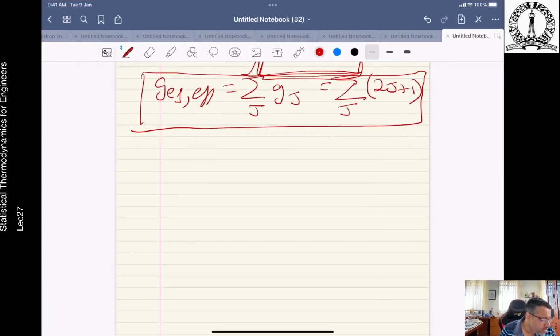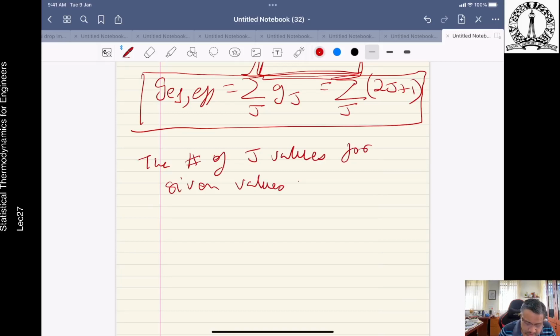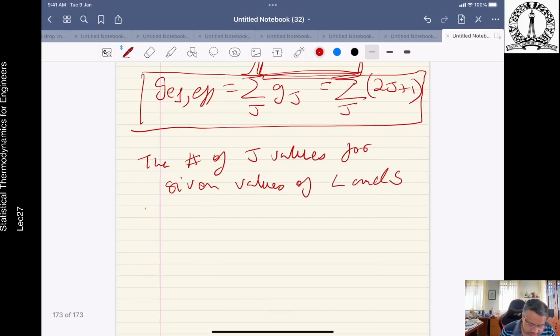The number of J values for given values of L and S is called multiplicity.